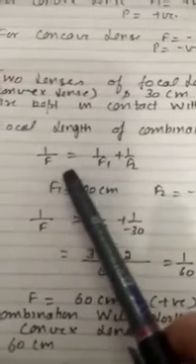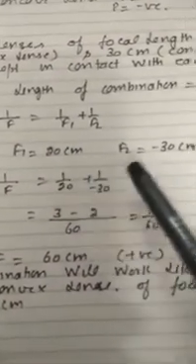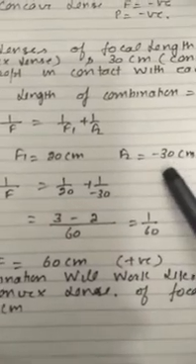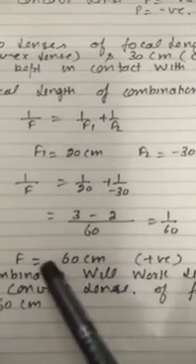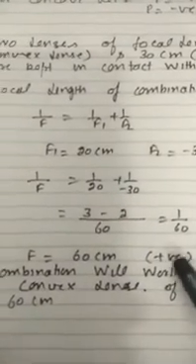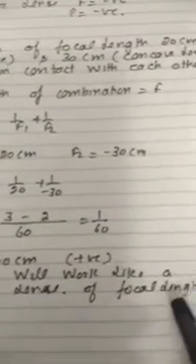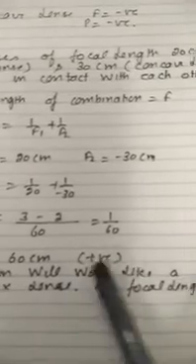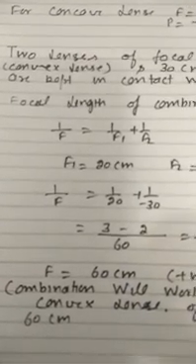So 1 upon f is equal to 1 upon f1 plus 1 upon f2, and this is the concave lens, that's why we will put a negative sign. After calculating, f comes out to be 60 centimeter, which is positive, and that's why the combination will work like a convex lens of focal length 60 centimeter. The whole combination will work like a convex lens.